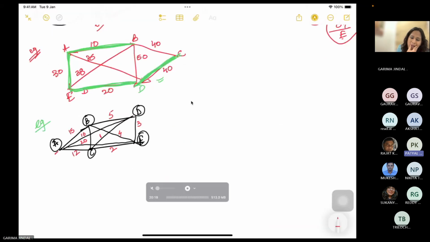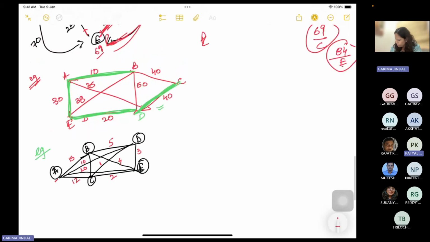If there is a node from B going to, say, E with a weight of, say, 50, and it is not connected to any other node, only connected to B, then how will this spanning tree provide the complete span?